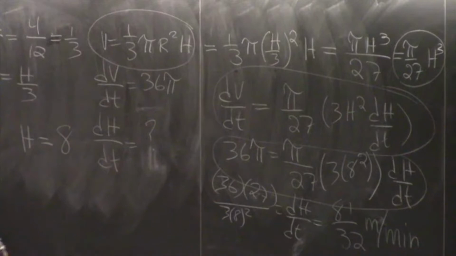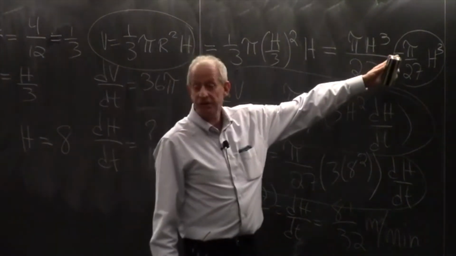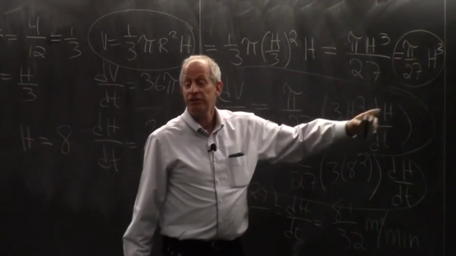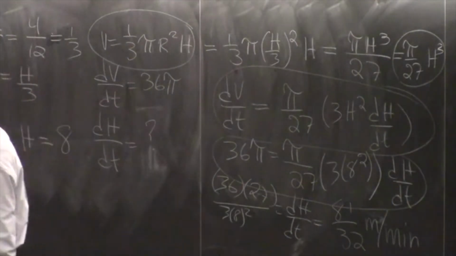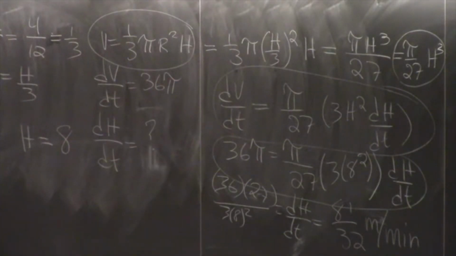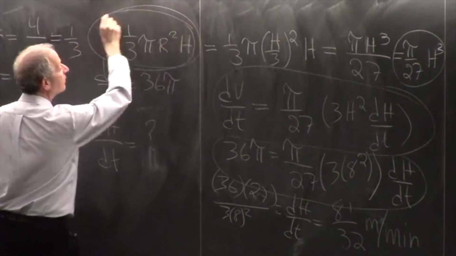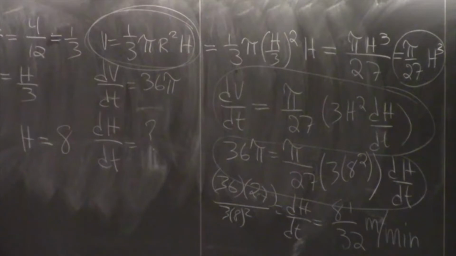Do you have to show how you got pi over 27 times h cubed? If you can get there right away, that's fine. The thing is, remember, not every cone has a ratio of 1 to 3. It's only in this particular cone that the radius to the height is 1 to 3. So you need to start with this equation. What if I told you that the radius of the cone is 1 to 2?